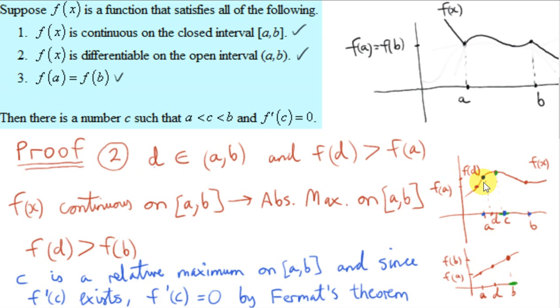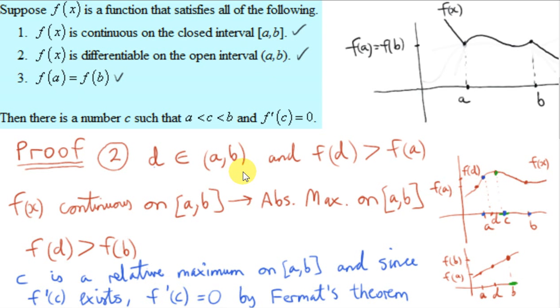See, we already know that there's a point d such that f of d is greater than these two. Okay, so c is in the open interval, and that means that f prime of c exists since f of x is differentiable on the open interval. And now we can use Fermat's theorem, which tells us that f prime of c is 0.